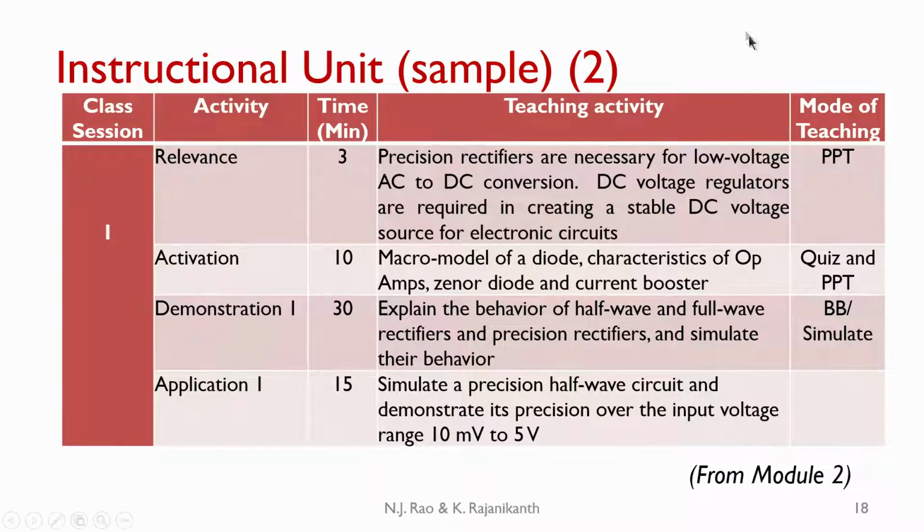And then it goes through the relevance, which essentially is what we called the attention, that is making it clear to the students how this particular competency is relevant to their profession. It need not be very elaborate, as you can see here it is only for 3 minutes, but it is fine. What is essential is that the students see the relevance of what they are learning to their profession.